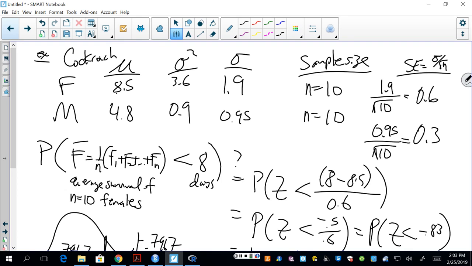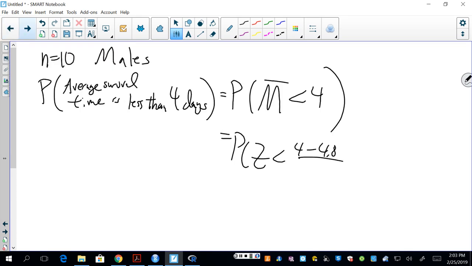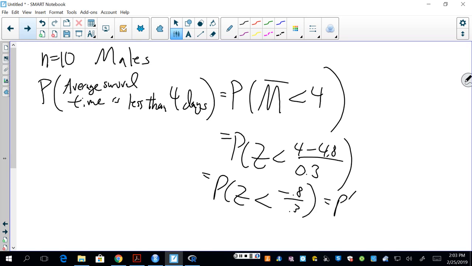So we divide by 0.3 instead of the other 0.9. It's smaller. So this is the probability that z is less than negative 0.8 over 0.3. That's the probability that z is less than negative 2.67, 2 2/3.